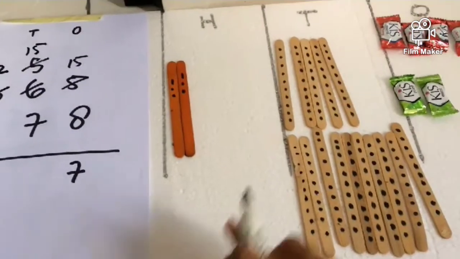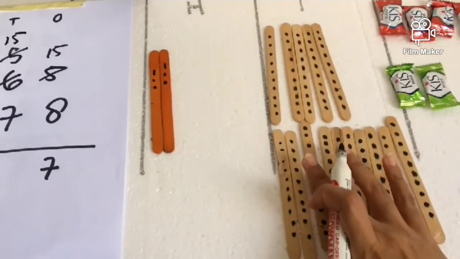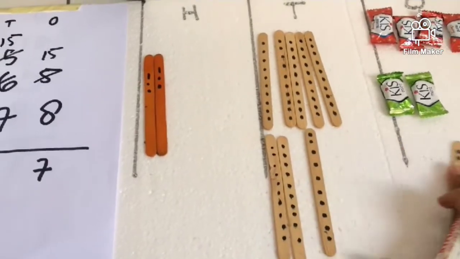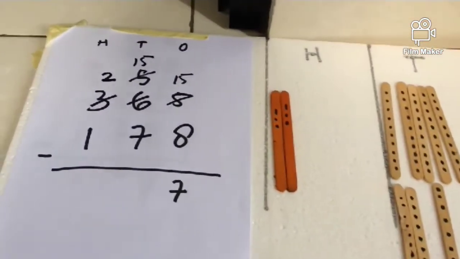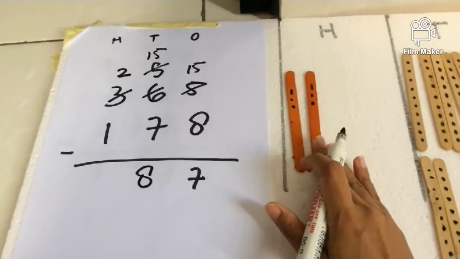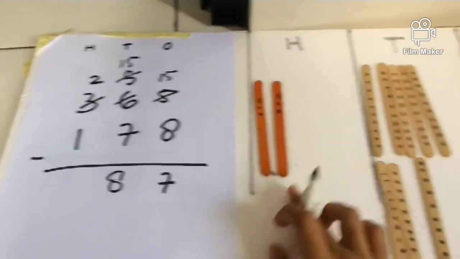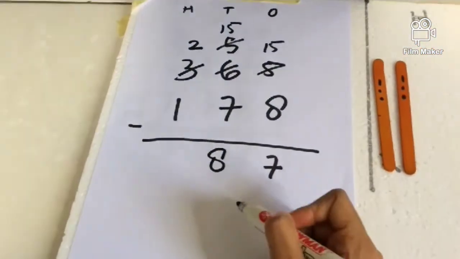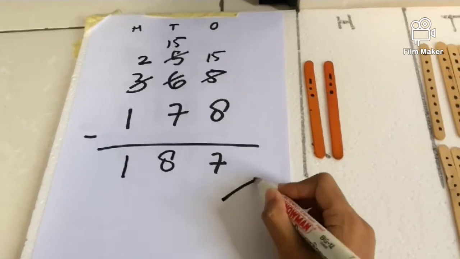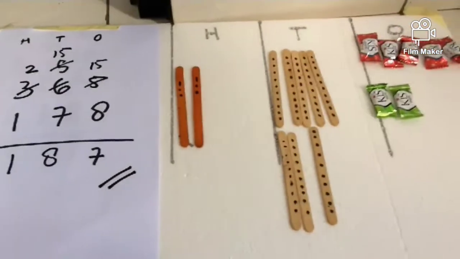Subtract the tens. 15 minus 7 is equal to 8. Finally, subtract the hundreds. 2 minus 1 is 1. And the answer is 187.